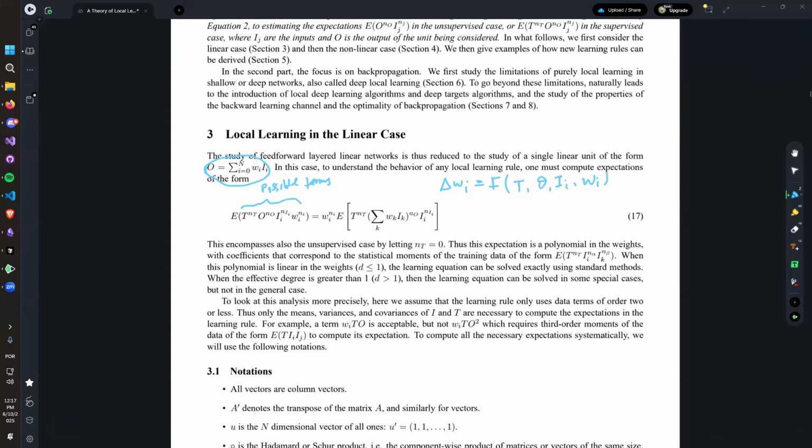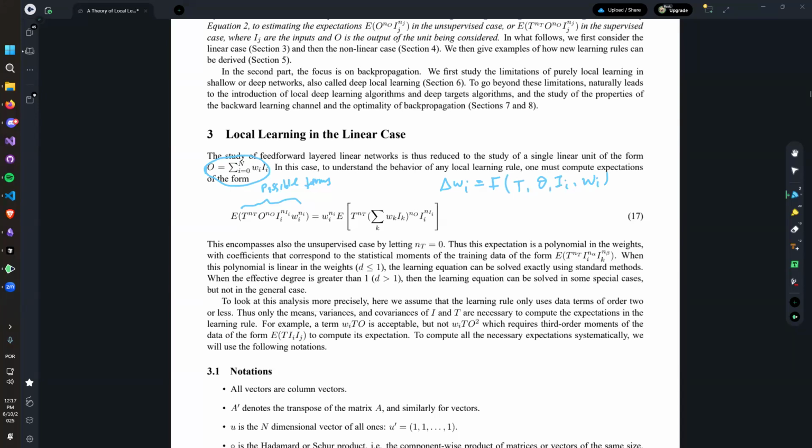Do they have a global loss function for this feed-forward network, and they're trying to see whether you can learn it by calculating some local quantities and then adjusting your weights according to those local quantities?